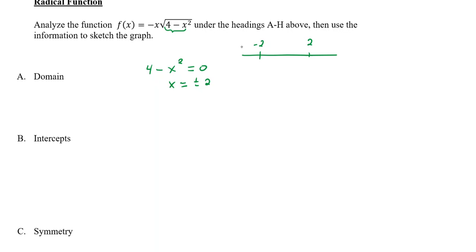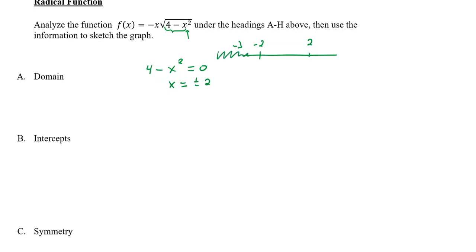If I threw in, let's say, negative 3, then that's 4 minus negative 3 squared, which comes out as 4 minus 9. That doesn't exist, so it doesn't exist over here.